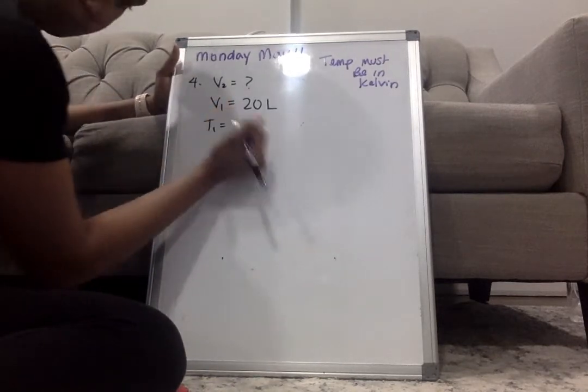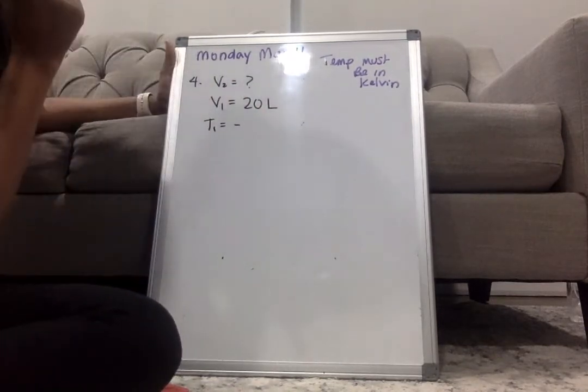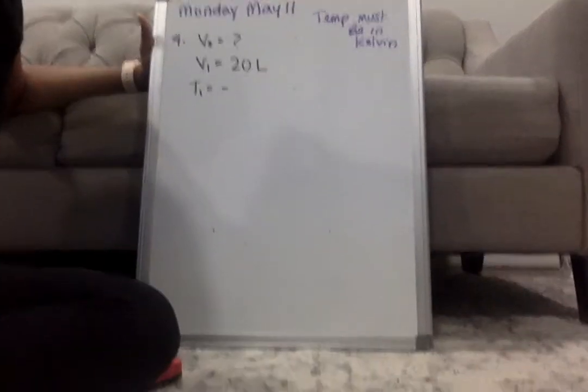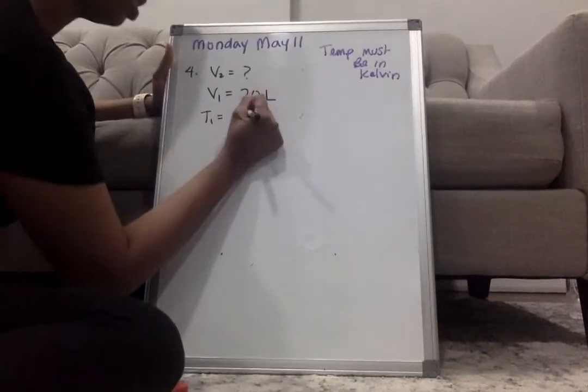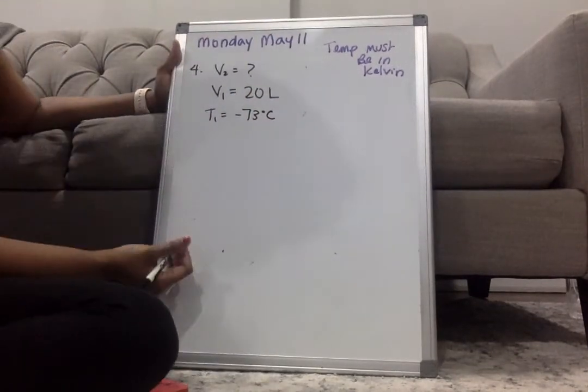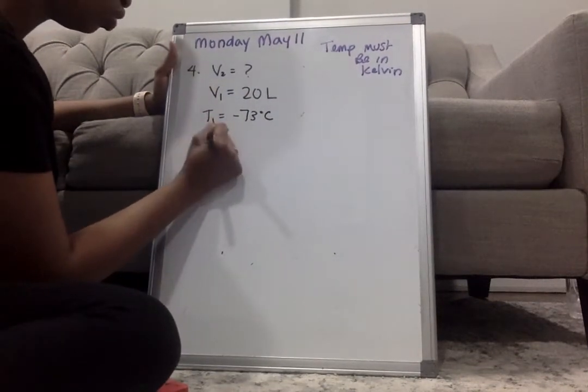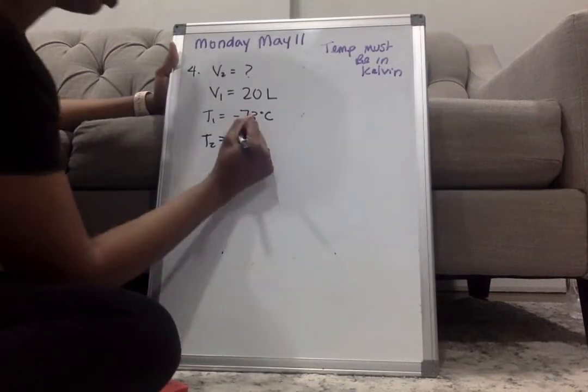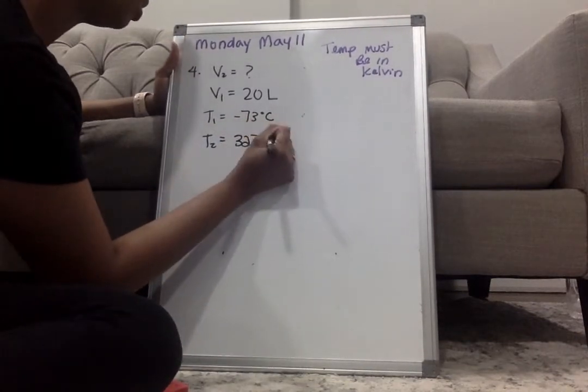So T1 is, oh, I'm sorry for that glare. It's -73 degrees Celsius. And then T2 is 327 degrees Celsius.